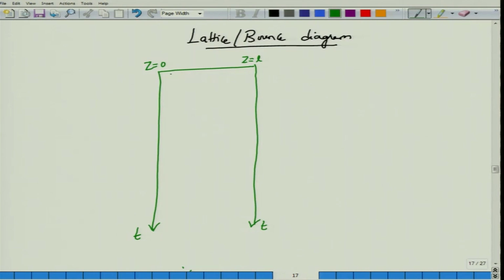In other words, this L is the length of the transmission line. This is along the z axis. Because there is a space and a time axis both on the same graph in which we are plotting, sometimes this is also called a space time diagram.